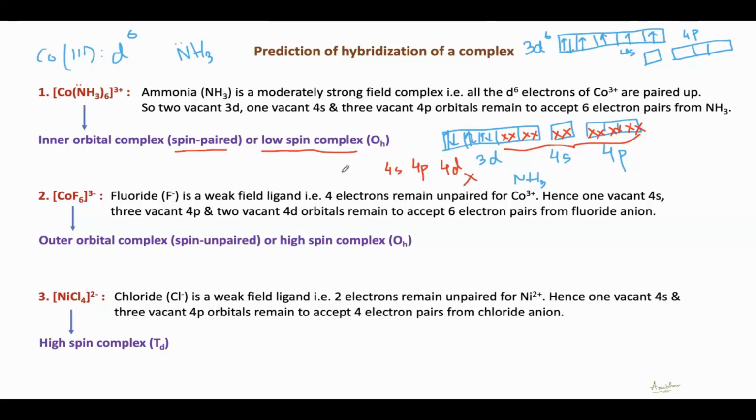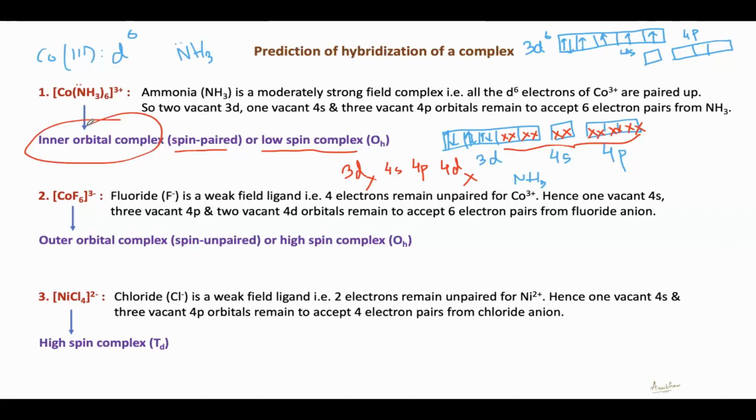It rather uses the inner 3d orbital because 3d is lower in energy than 4s. So the inner orbital is actually used here for bonding. That's why it is termed as the inner orbital complex. So that's how we can predict the hybridization and the geometry of a specific compound or coordination complex with the help of the VBT.